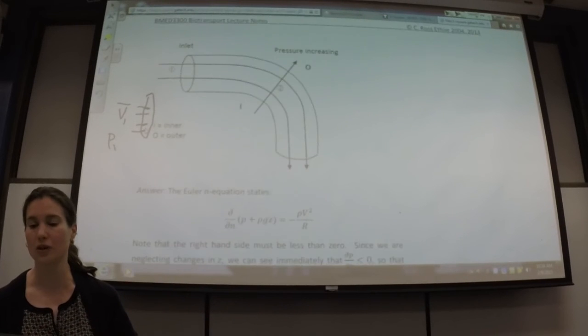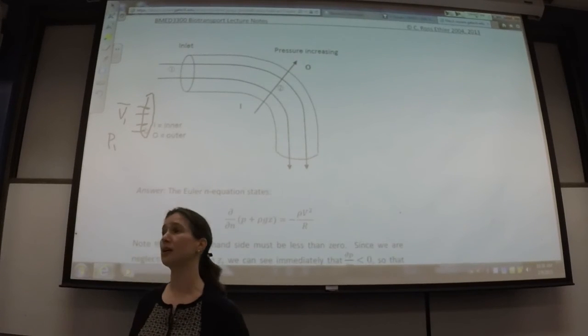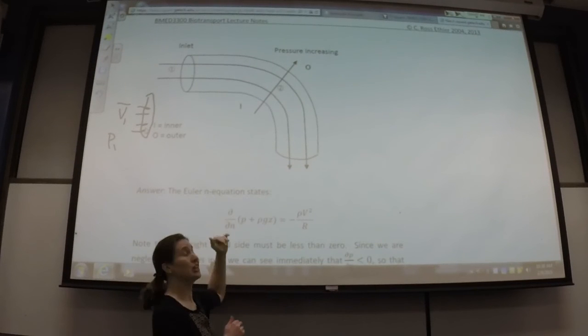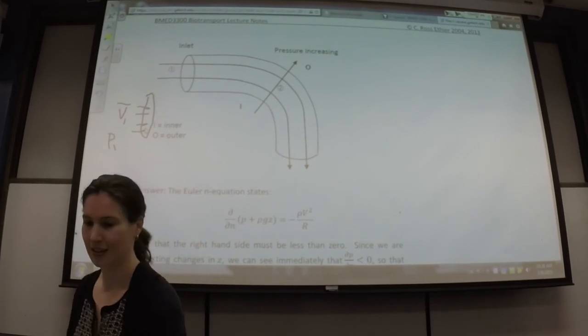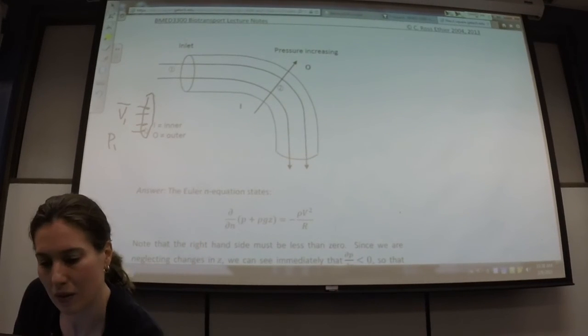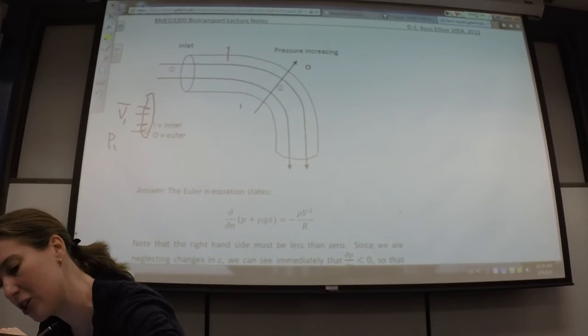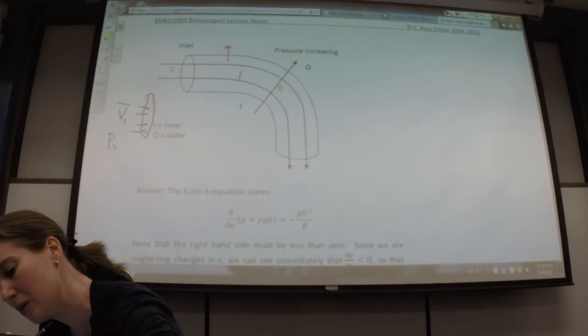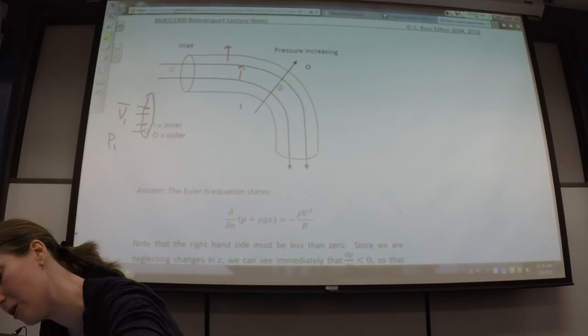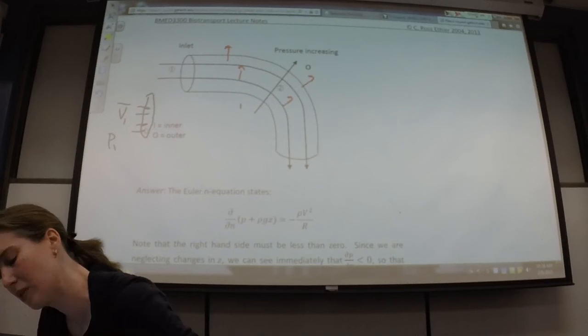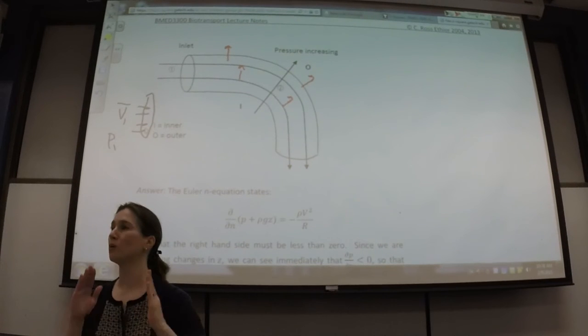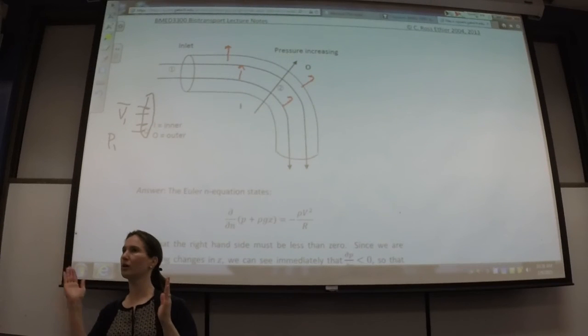So if we think about the Euler N equation, that equation is talking about what's happening in the orthogonal direction, right? So we can consider at any point what's going on this way.